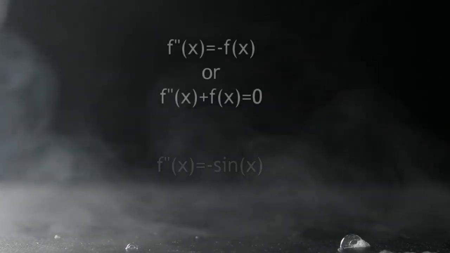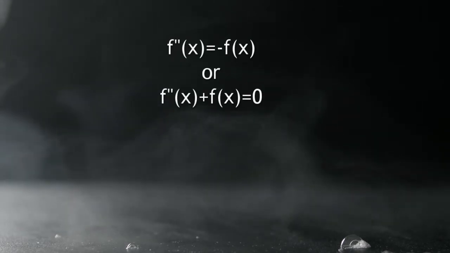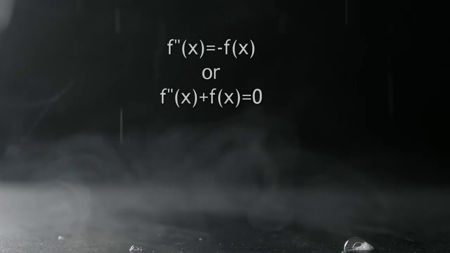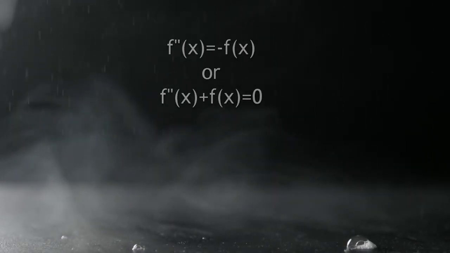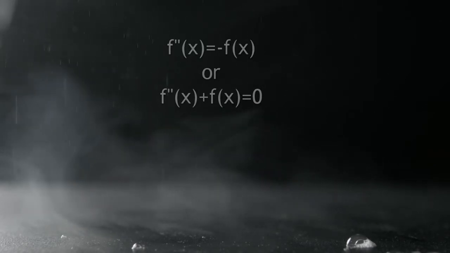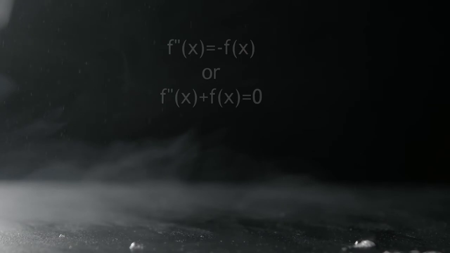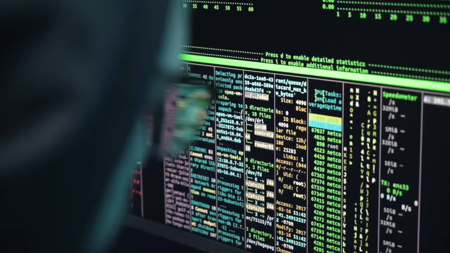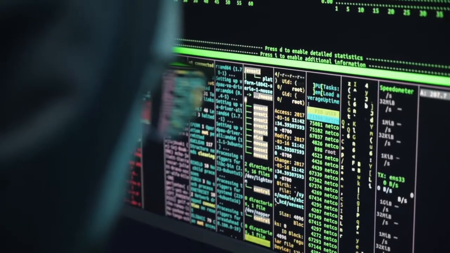So we could substitute the symbol f of x for sine of x in the equation f double prime of x is equal to negative sine of x to give us f double prime of x is equal to negative f of x. Moving the f of x to the other side, we get f double prime of x plus f of x is equal to 0. Believe it or not, that's a differential equation. And it's definitely not the one that we're going to derive later.